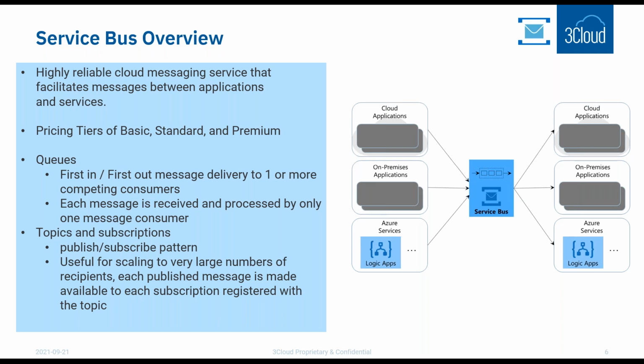Basic will only have queues, it will not have topics or subscriptions, which we'll talk about in a minute. So if you need things like topics or subscriptions, or some other advanced feature like automatic deduping of messages, there's a couple other things, you might want to step up to standard, which costs a little bit more.